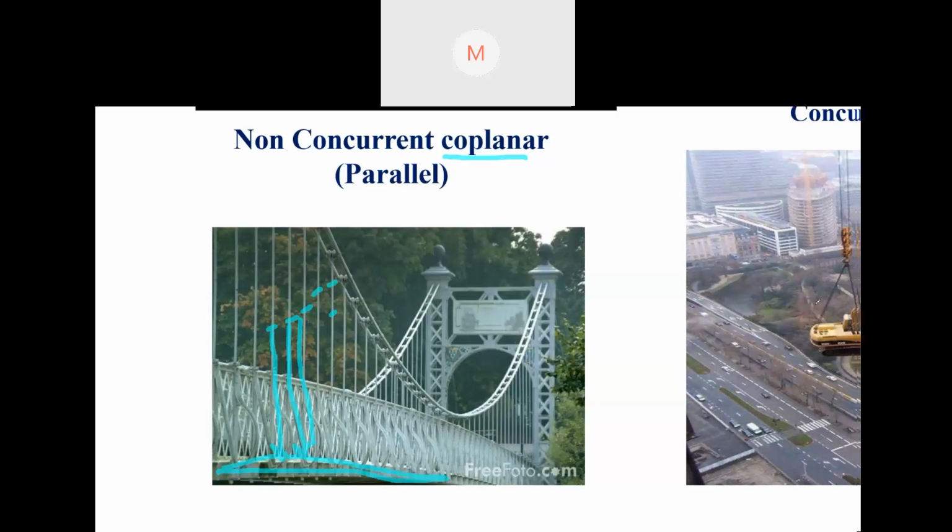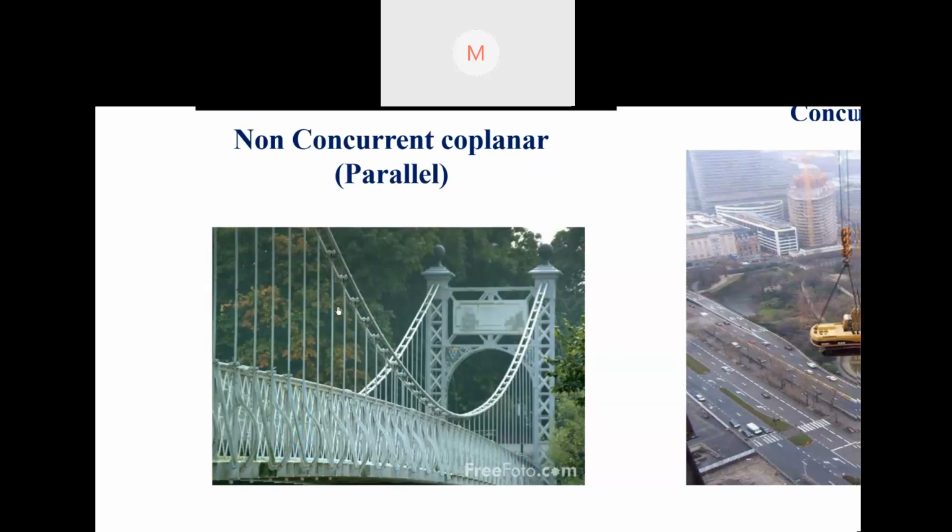But then they are not concurrent. Why not concurrent? Because in the previous figure we saw they were joining at one particular point, but here they are not joining at any particular point.